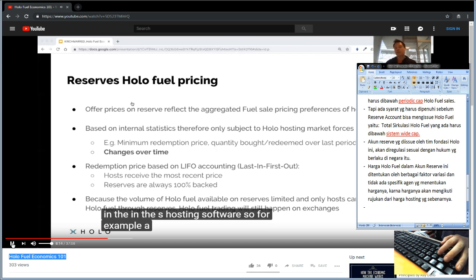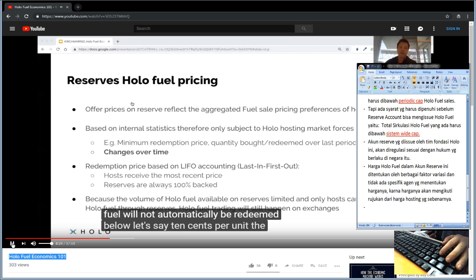So, for example, a host can set it so that Holo Fuel will not automatically be redeemed below, let's say, 10 cents per unit. The reserve account will collect data on all hosts' individual floor pricing and then set a reserve price.